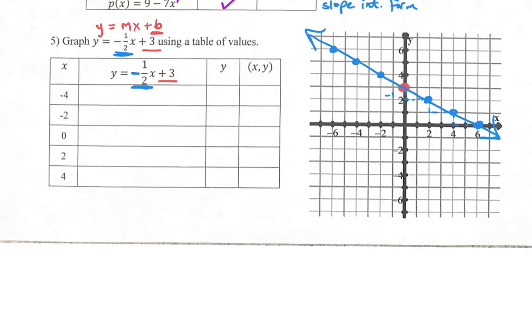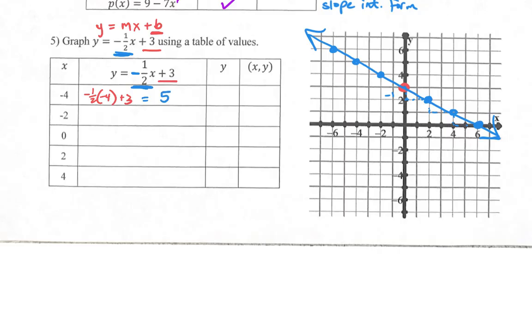Now, I could have thrown those points into the equation here. And if I did that, that would be, oh gosh, negative 1/2 times negative 4 plus 3. I'm going to go through the math kind of quick because we ain't got all day. Negative 1/2 times negative 4. Well, they're both negative, so I know it's going to be a positive. And half of 4 is 2. So it's going to be 2 plus 3. It's going to be 5.